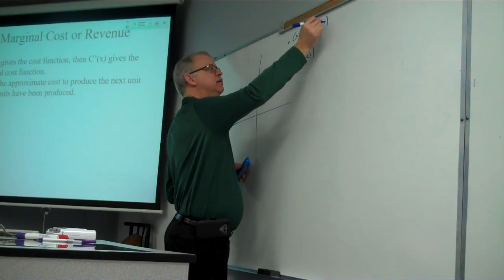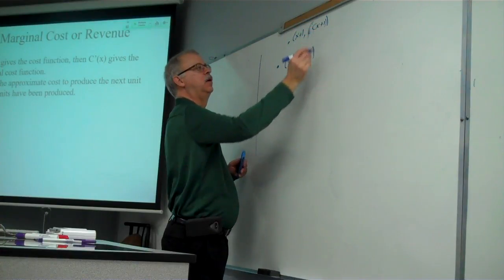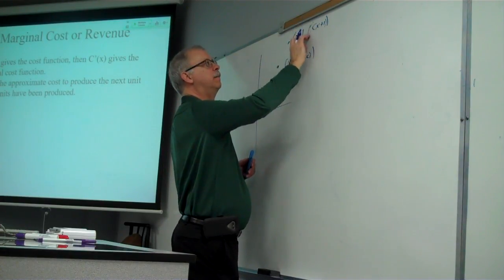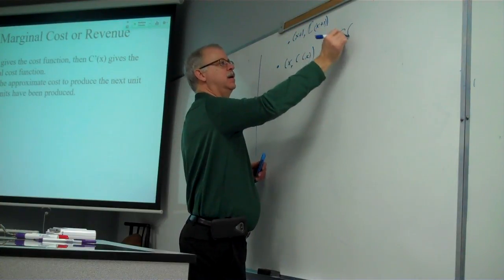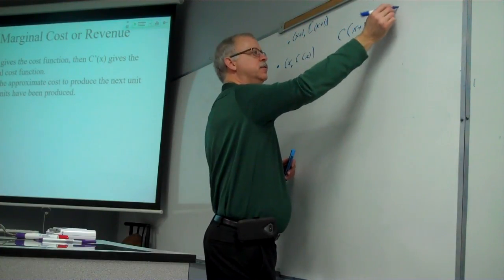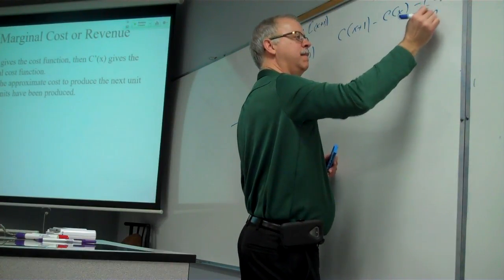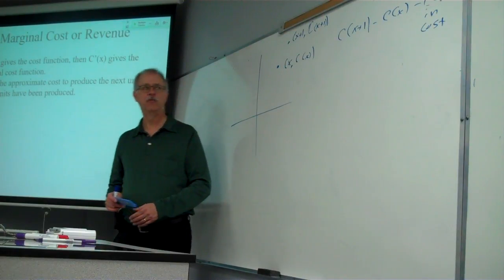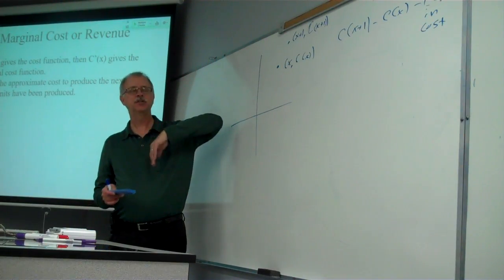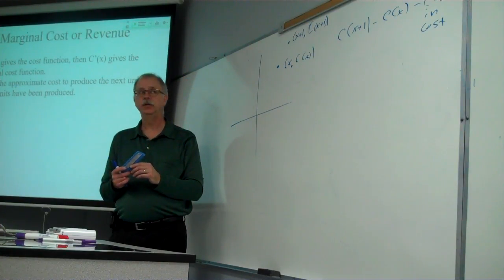Well, technically, we would need to figure out how much the cost changes. So if we produce 101 units, minus the cost to produce 100 units, that would be the cost for that 101st unit.